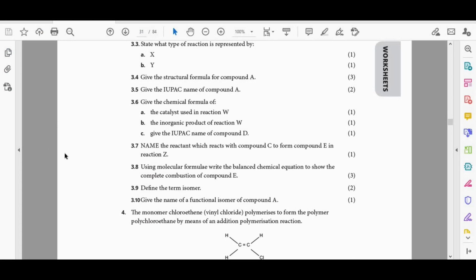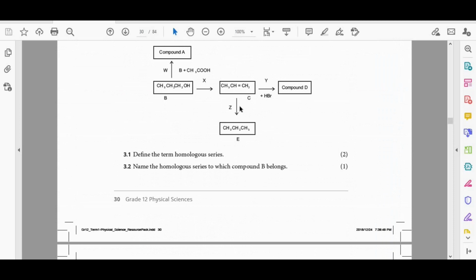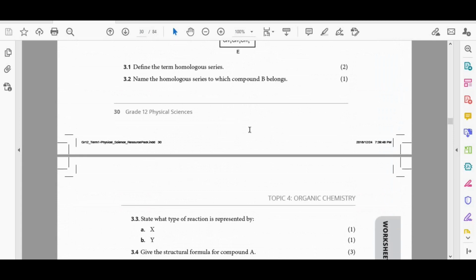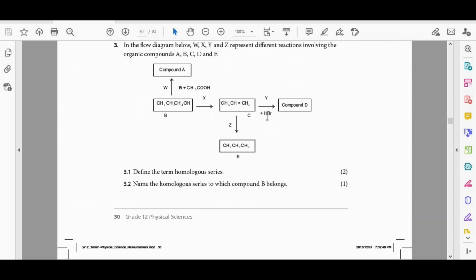3.7 was: name the reactant which reacts with compound C to form compound E in reaction Z. So let's look at reaction Z quickly. We need to name the reactant that compound C reacts with to form compound E. The way we can solve this type of question is firstly by noticing and describing what compound C is.